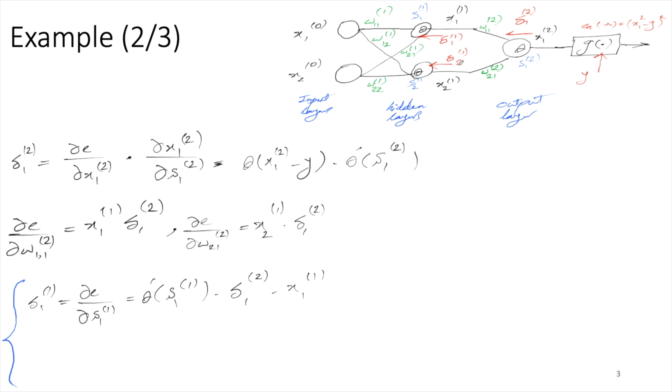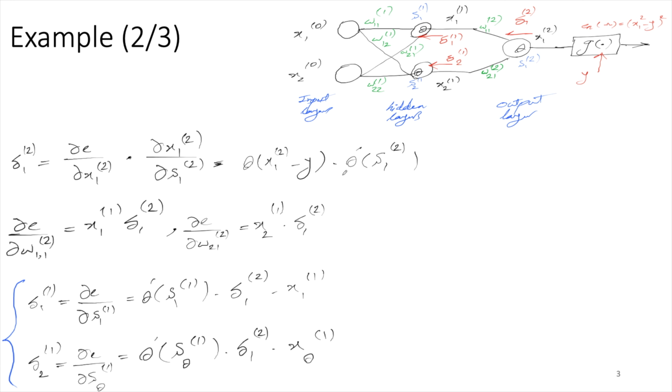So delta 1 1 has other neurons and connections incident there. So it would be equal to partial E divided by partial S1 1. And this value would be this, which we already computed, multiplied by delta 1 2 multiplied by x1 2, because this one already has x1 2 here and delta 1 2 there.